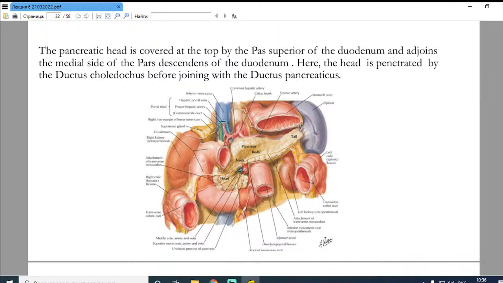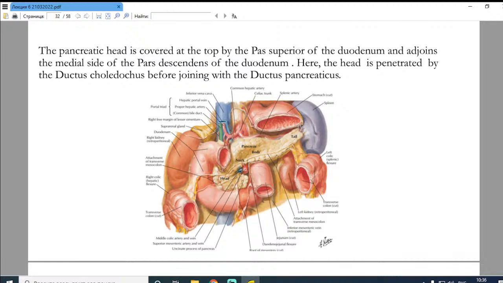The pancreatic head is covered at the top by the pars superior of the duodenum and adjoins the medial side of the pars descendens of the duodenum.